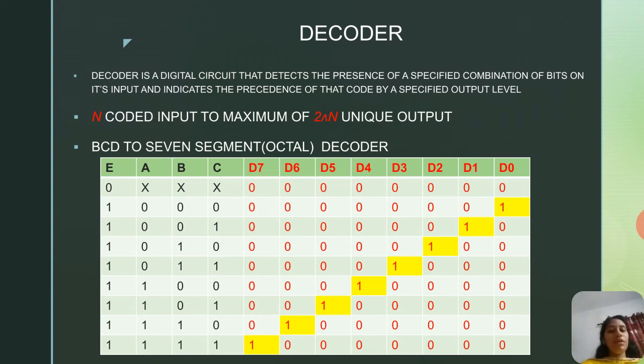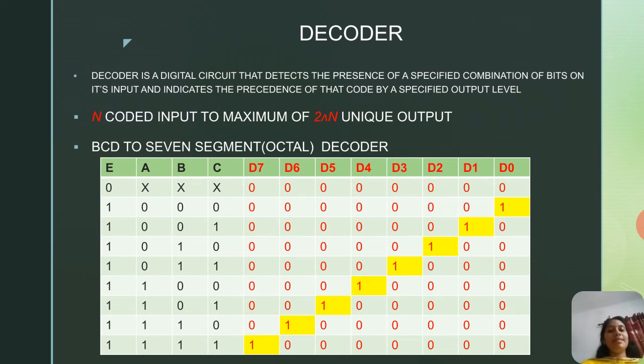If you are giving 111, the corresponding 7th output will be enabled, to indicate that 111 means 7 as the octal value.